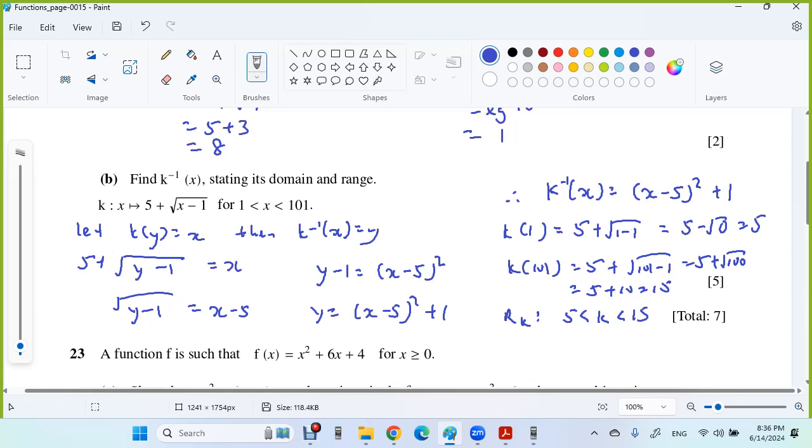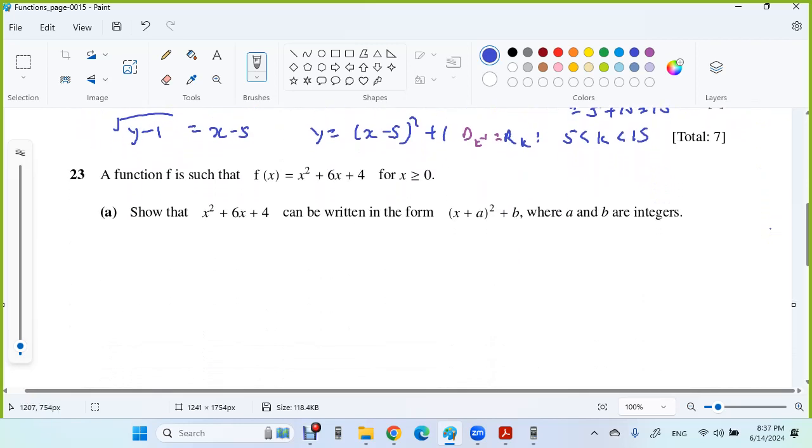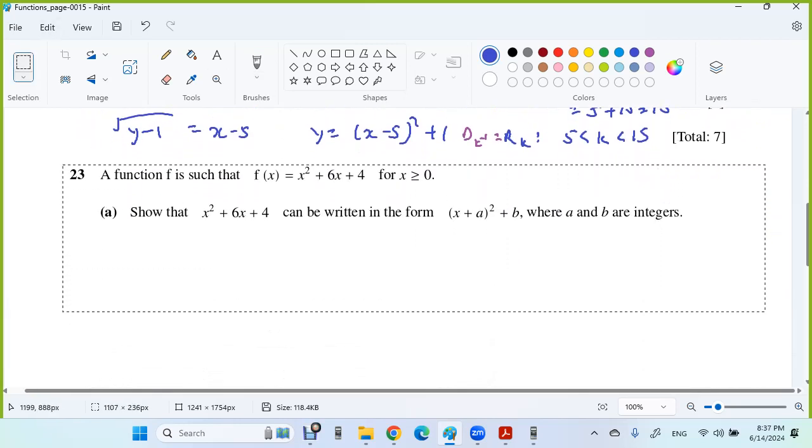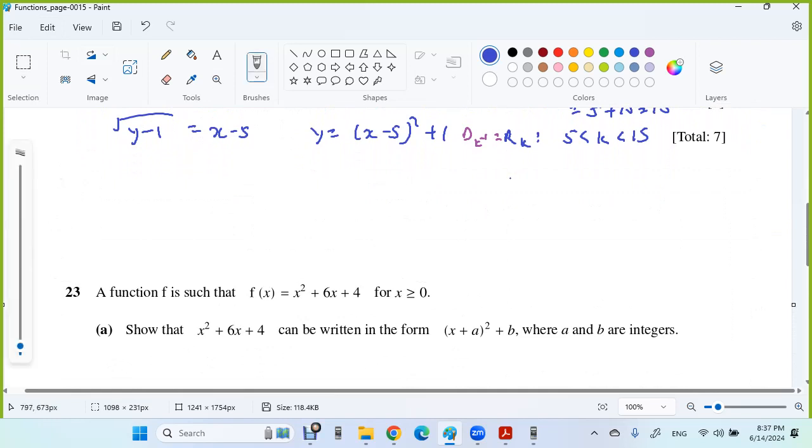So we know, therefore, the range for k is actually the domain of k inverse. This question asks us to find the domain of k inverse. So the domain for k inverse will be x between 5 and 15.